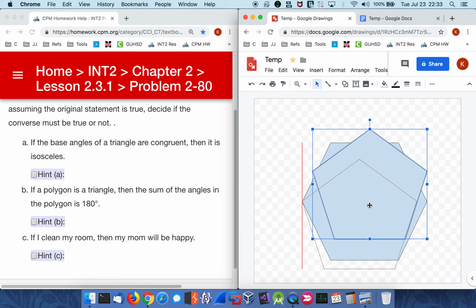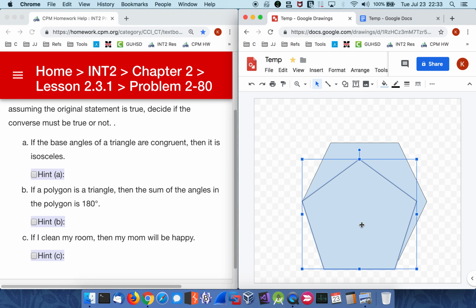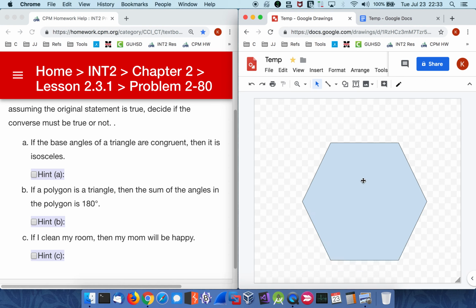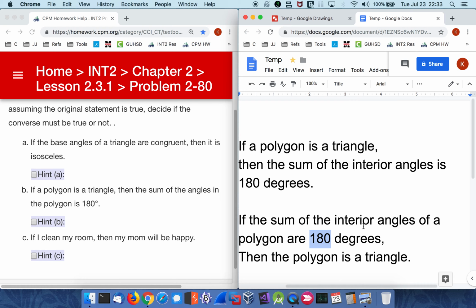Look at the angle there, that's even wider. So there's got to be even more degrees in a hexagon. So if the polygon is a triangle, then the sum of the angles is 180 degrees. If the sum of the angles in the polygon is 180 degrees, then the polygon is a triangle. That seems right to me. I can't think of any exceptions.